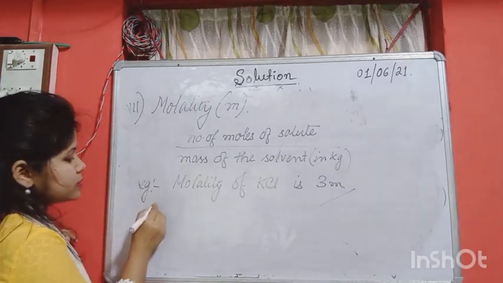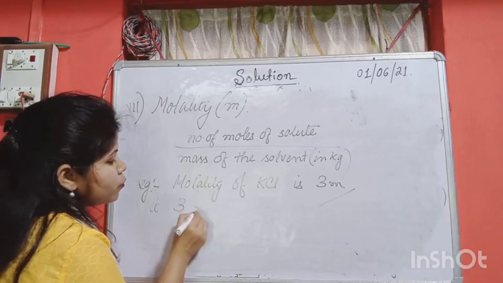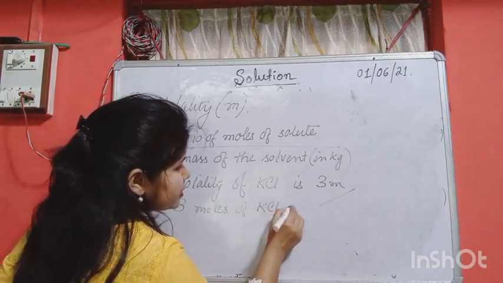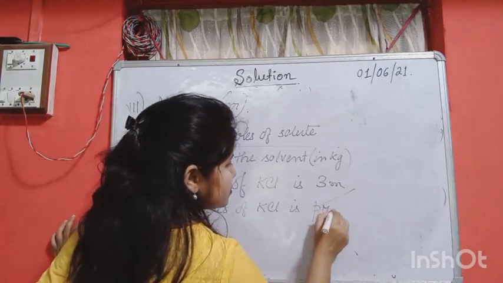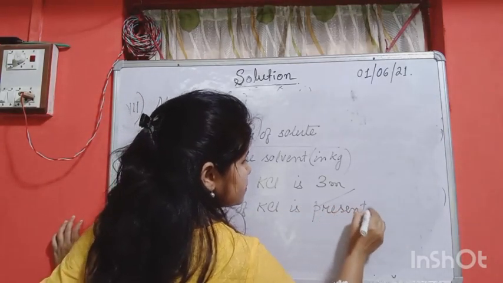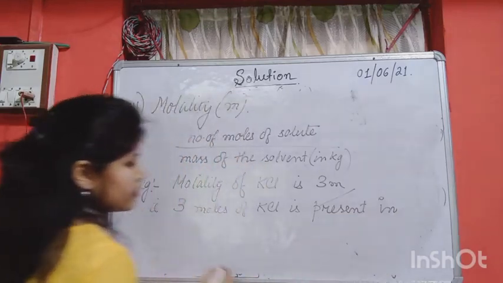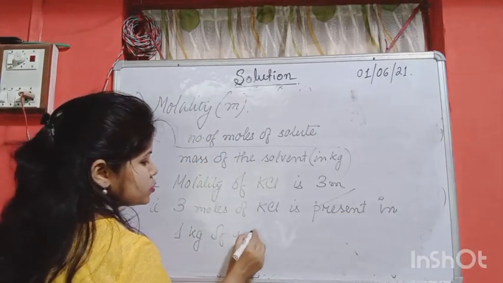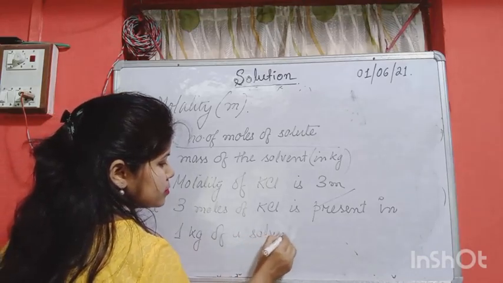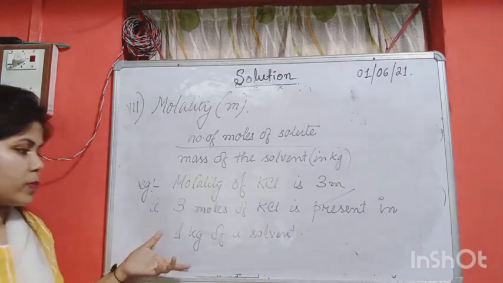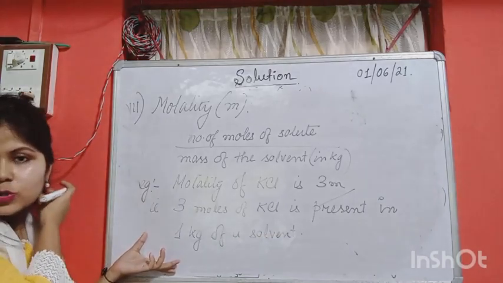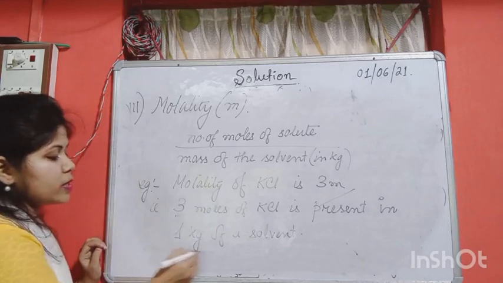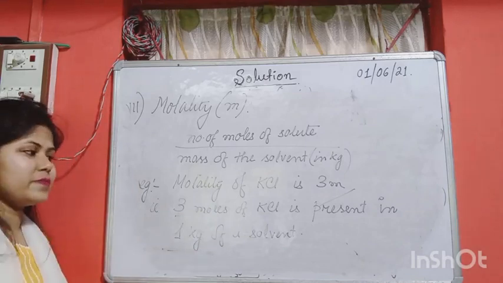This sentence means that 3 moles of KCl is present in 1 kg of a solvent. That solvent is water only actually.